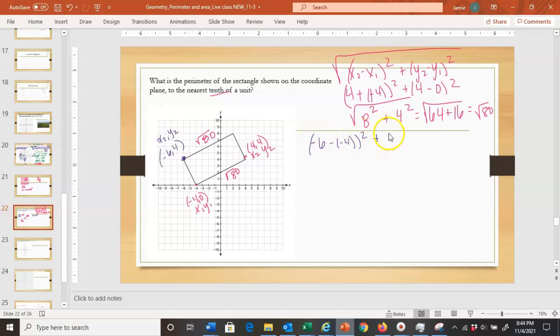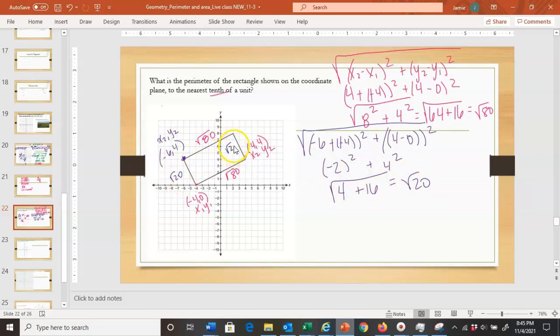We're really just plugging it into that formula. 4 minus 0. Negative times a negative again is positive. -6 plus 4 is -2. And then we have just 4 squared. So -2 squared is a positive 4 plus 16. Square root of 20.